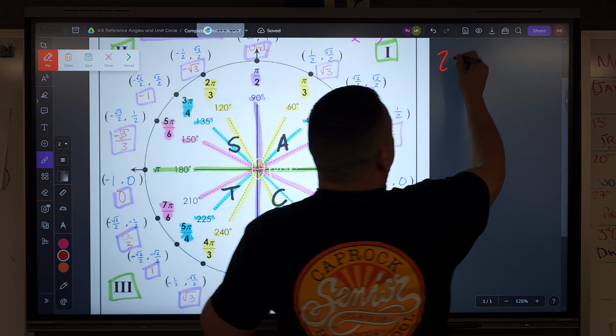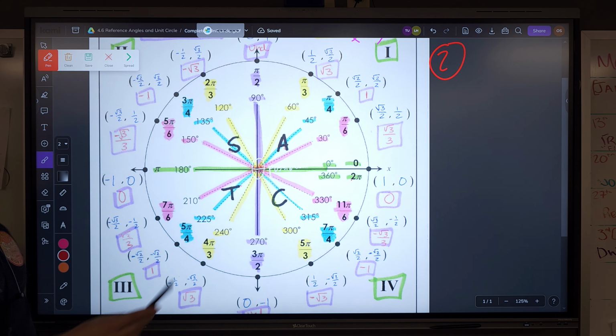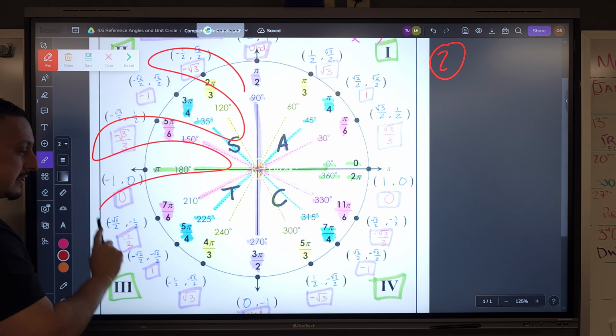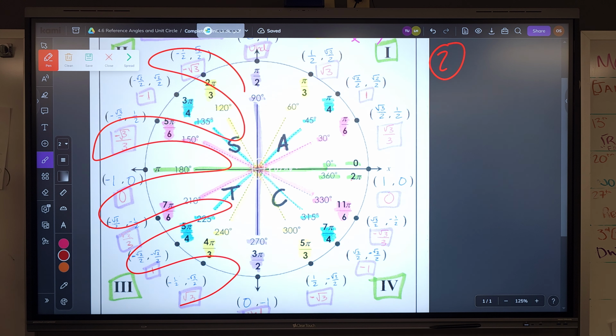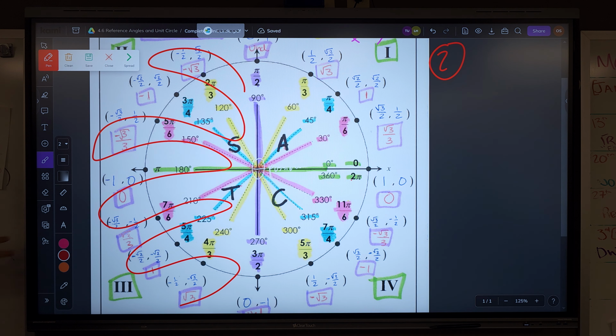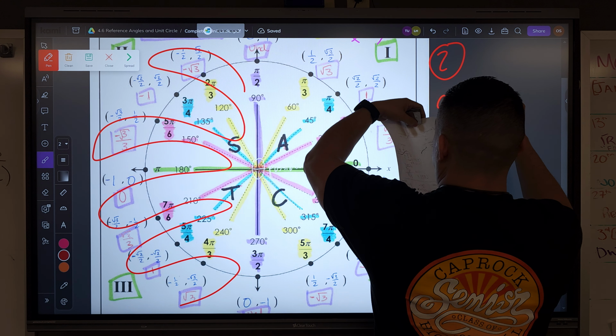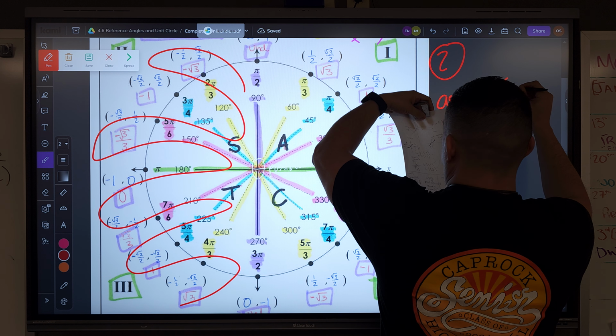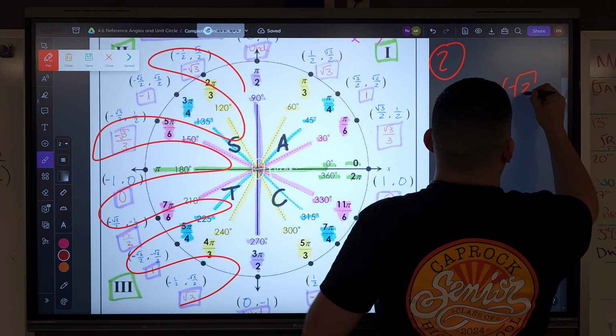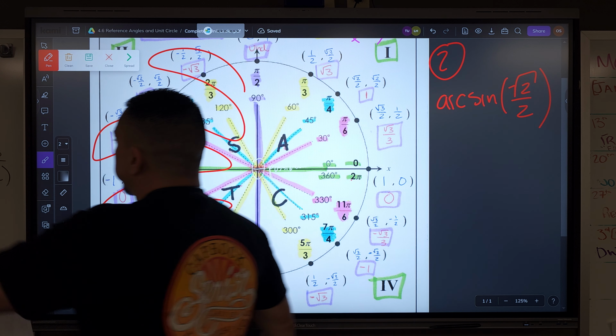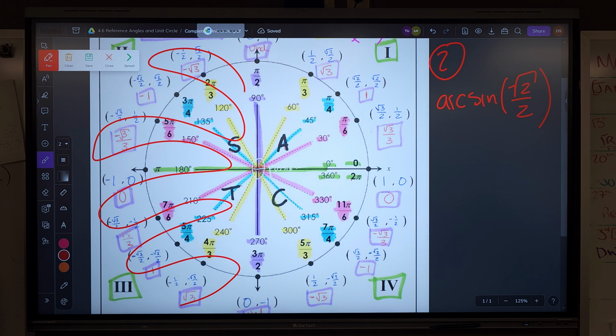Number 2. The important part that I need you to understand right now is that you can't look at this side, because of where we cut it, where we restrict it. Let's do the arc sine of square root of 2 over 2. Look for it. Where do you see it?